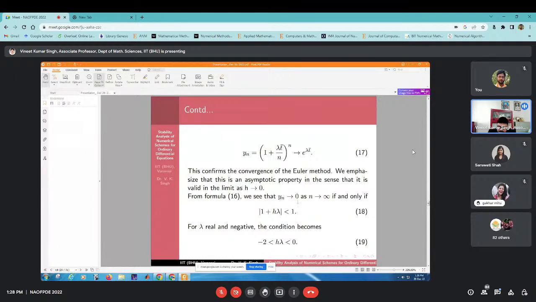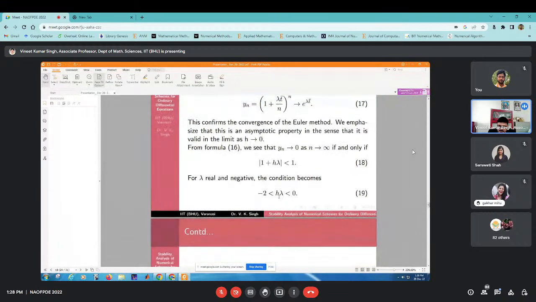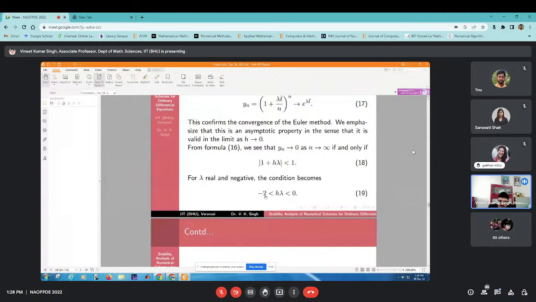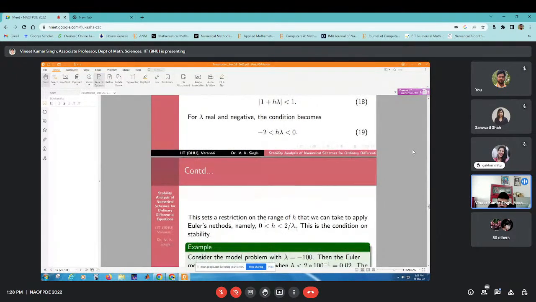It has the same behavior as the closed form solution, but under an assumption: the value of hλ should satisfy the condition between -2 and 0, or we can say s should lie between 0 and 2/|λ|.